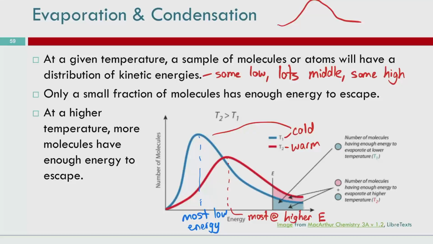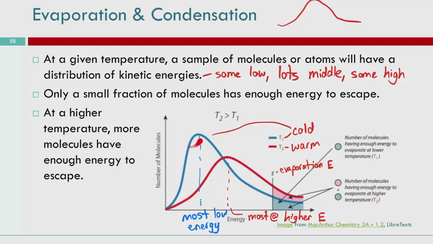And then if they get enough energy, if they're on the high energy side, we've got this threshold energy. This is the energy to evaporate. So anything that's above this evaporation line can turn from the liquid into the gas.